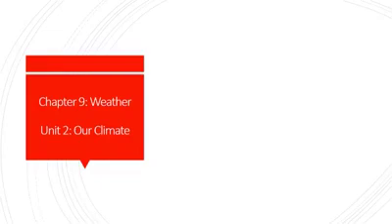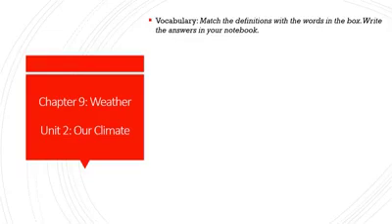Okay, so before we get into the lesson, I would like to introduce you to some vocabulary. So I am going to give you the definitions. You are going to match the definitions with the words in the box, and please write the answers in your notebook. So what are these words?